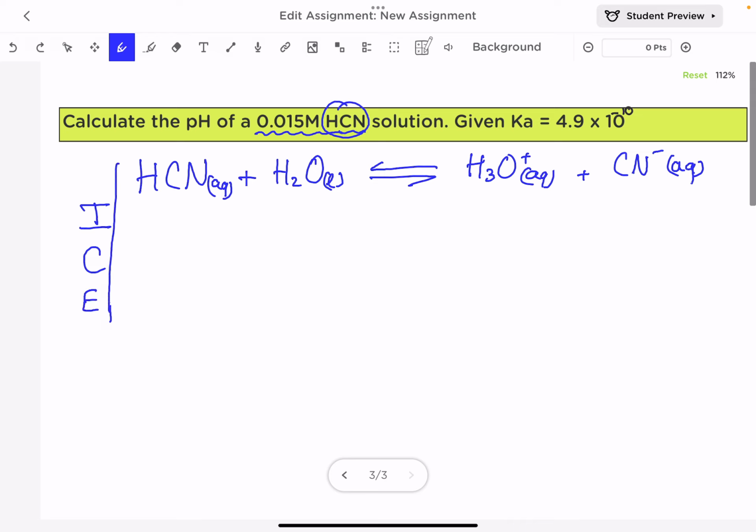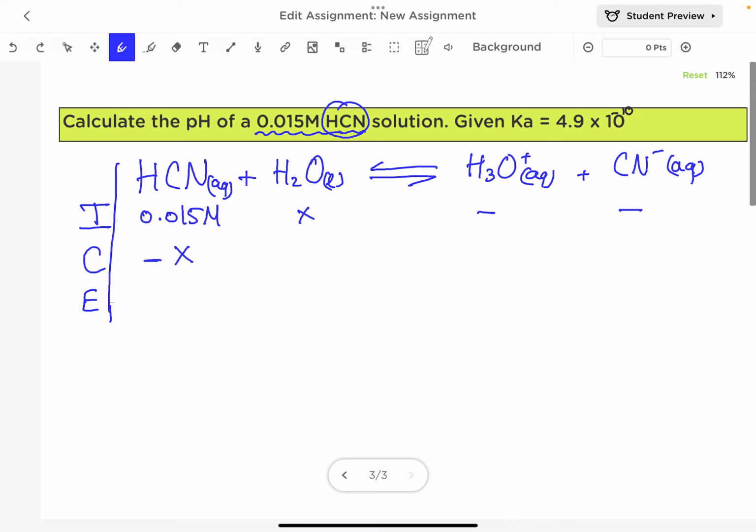So at the beginning, initially, we have 0.015 molar of HCN. Liquid H2O, we do not consider it. And first of all, we don't have any H3O+ formed or CN- formed. The change is the ions that are going to ionize.